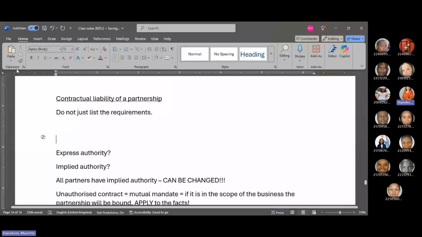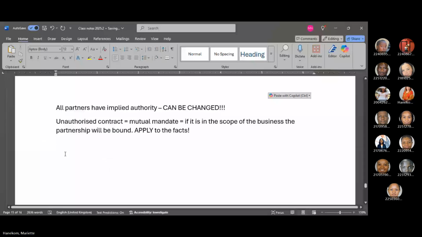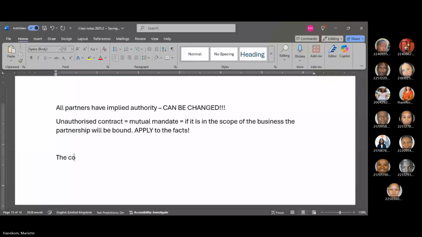Then I get sentences like this. Contract is valid because it's in the scope of the business. Explain to me why I will give you 0 marks for a sentence like that?